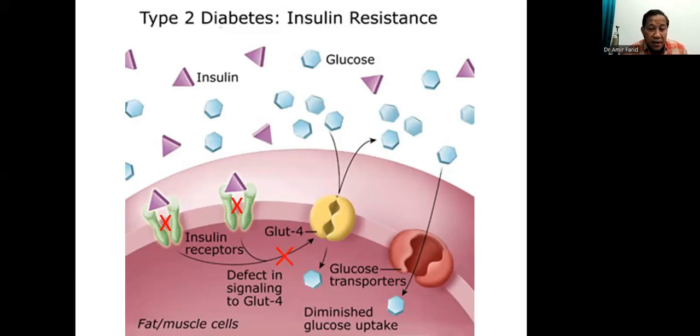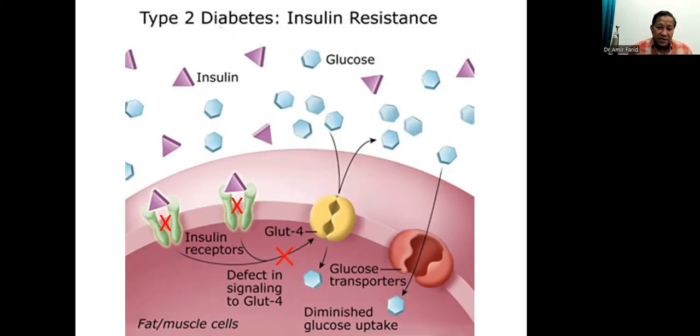So you can see there is insulin and there is glucose, right? And the insulin receptors on the cells need the insulin to lock onto receptors, and then instructions are sent to the glucose channel called GLUT4, and that will open up, and then the glucose transporters will bring in the glucose.